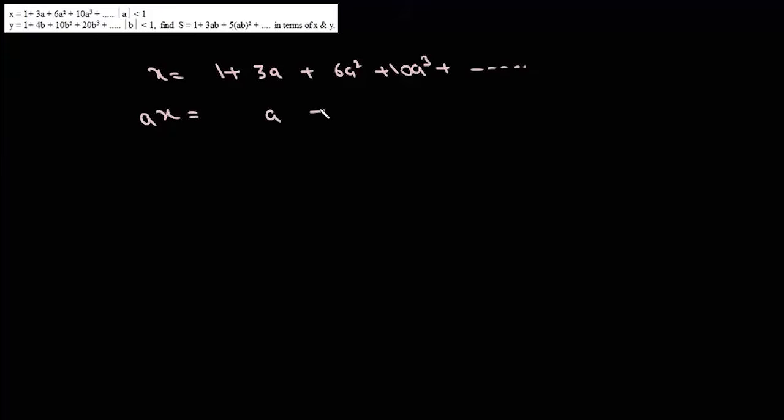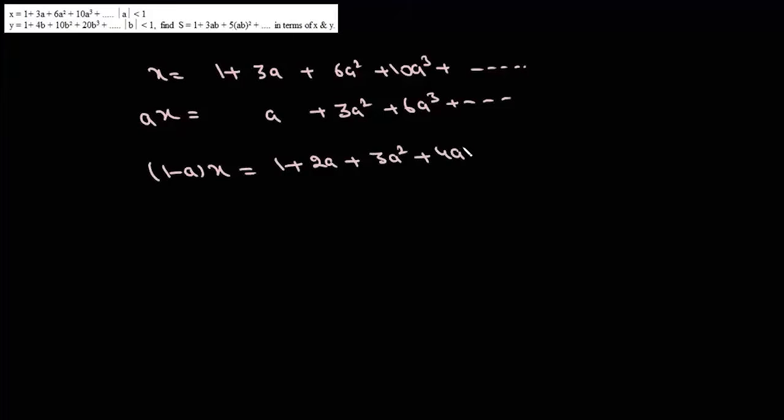So we'll get a, and this is 3a square. Next one will be 6a cube up to infinite, and we'll subtract second from first. We'll get 1 minus a times x, equal to 1 plus 2a plus 3a square plus 4a cube up to infinite. Now this is an AGP.